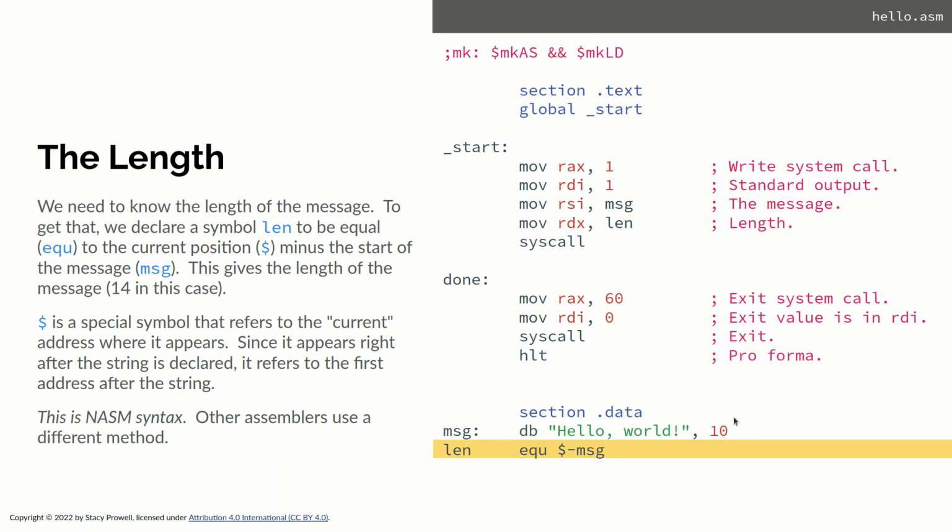So if I take the first address following the string, which is $, and I subtract this address right here, I get the length of the string. Pretty cool, huh? So this allows me to set the constant len equal to the length of this string. Because write doesn't use null terminated strings. You have to specify the length, so we need to get that.